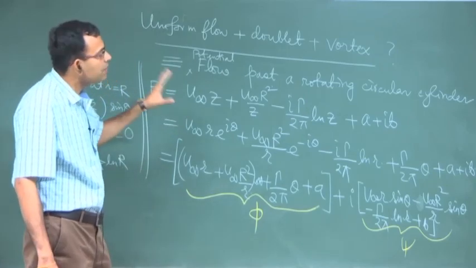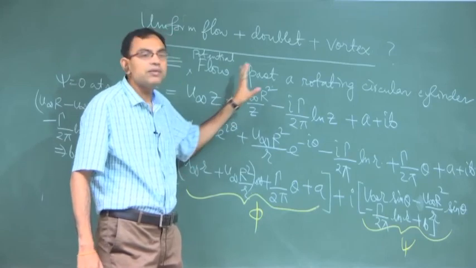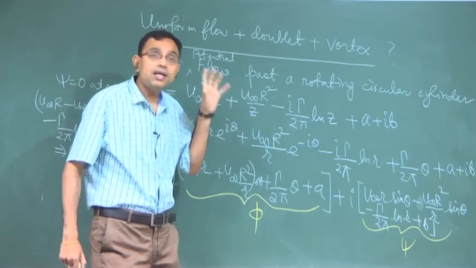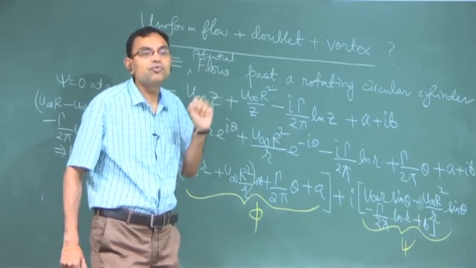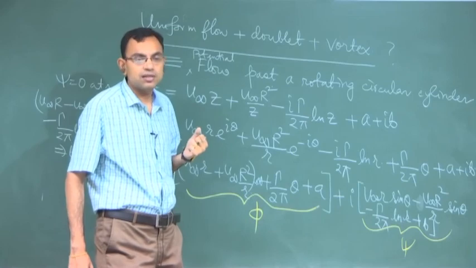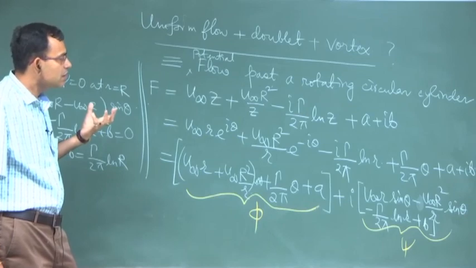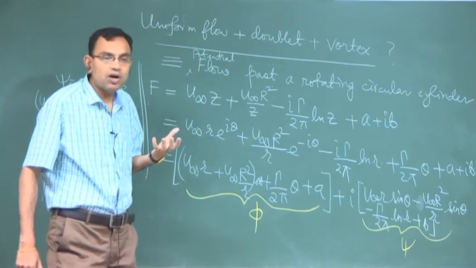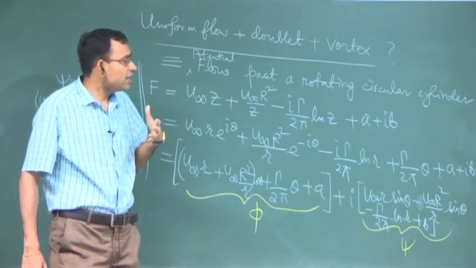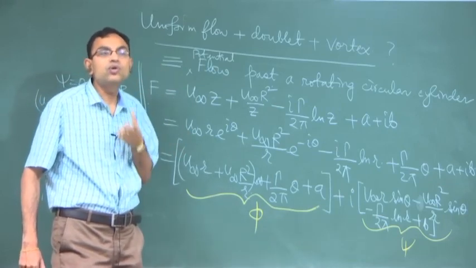Of course, a matter of primary interest is to see what is the velocity field out of this, but a matter of more intense interest is to see what is the lift force and the drag force, because that is what is a matter of engineering concern, and that lift force and drag force we can calculate using a very powerful theorem called Blasius force theorem, which can even take a body of any arbitrary shape, so long as the body has a closed contour.